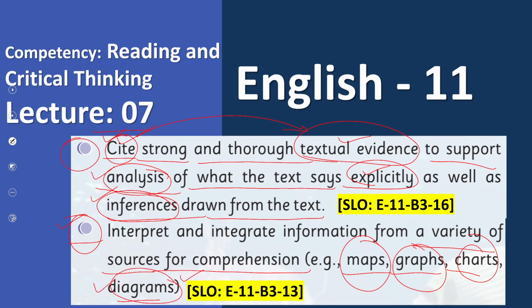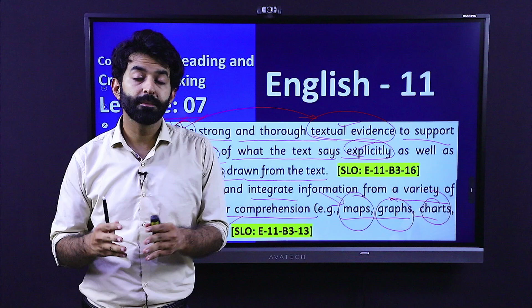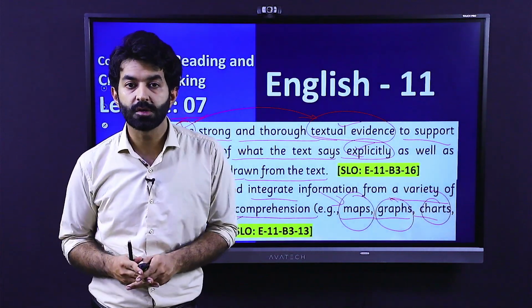We read them like text, the way we get our information and knowledge from text. Similarly, we use our interpreting and integrating skills for all these different types of sources. And that's when we get the information that is available in them.